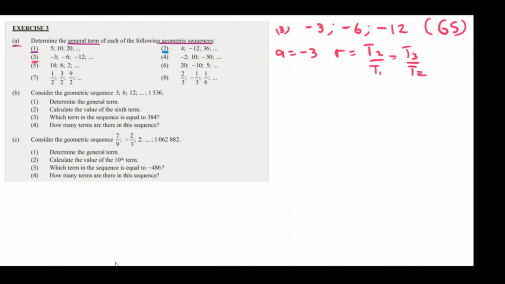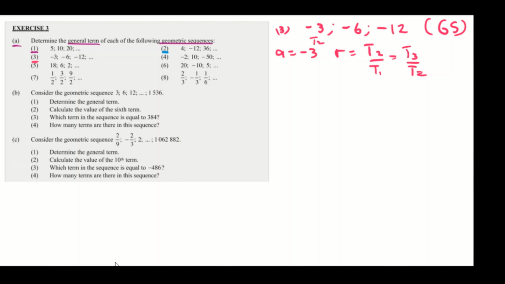Now we're going to do number 3, where we are given minus 3, minus 6, minus 12, and you're told it's a geometric sequence. So our A value is equal to minus 3, and our common ratio is equal to T2 over T1 equals T3 over T2.